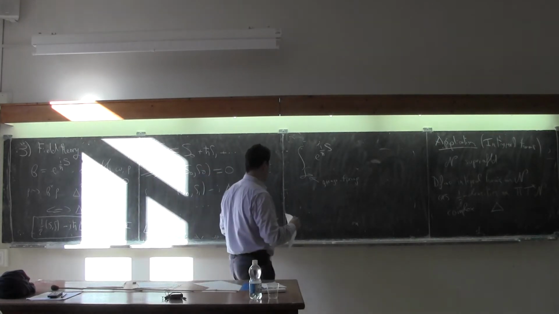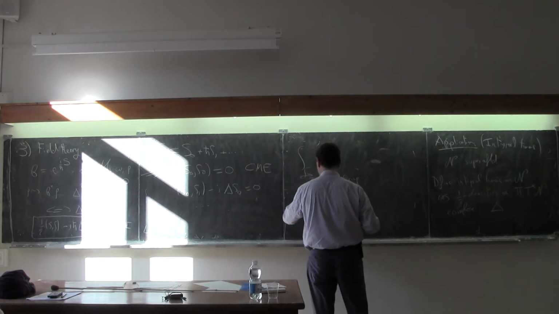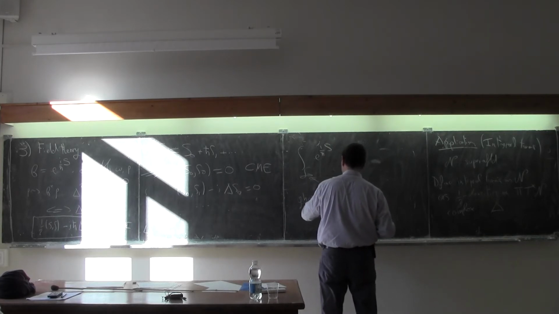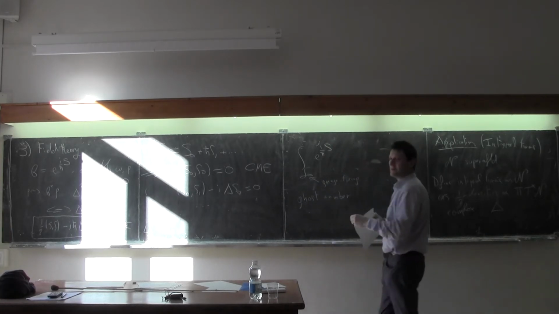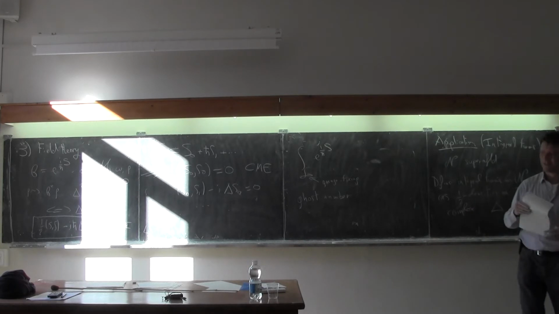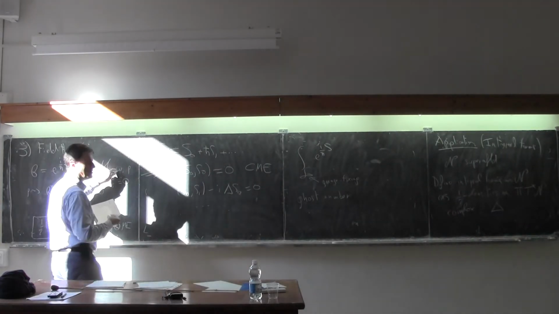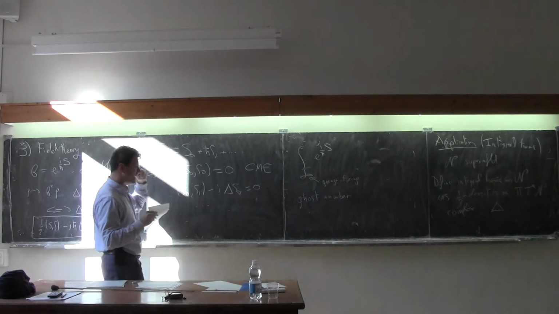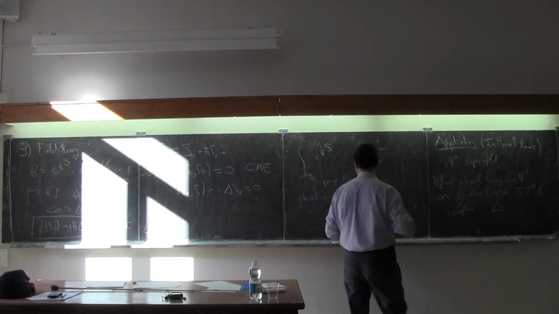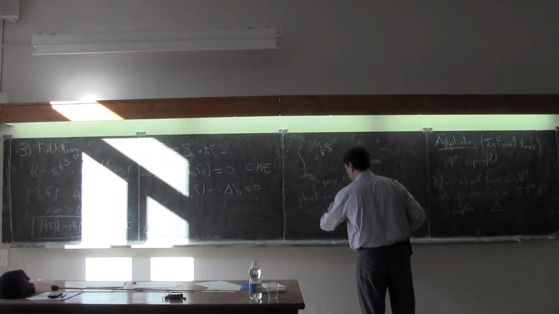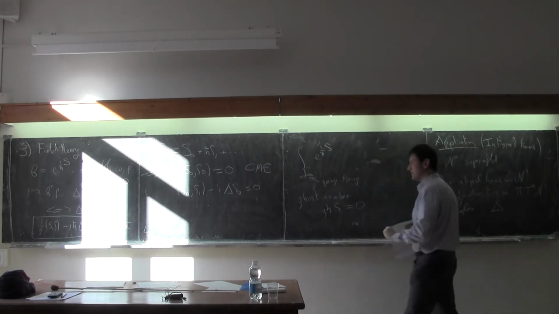Once you move to this setting, it's also quite useful to have the notion of a ghost number. This allows you to keep track of a lot of things. So far here I just said omega was a non-degenerate symplectic form. Now if you introduce ghost number, it's better to say that you want the classical action to have ghost number 0.